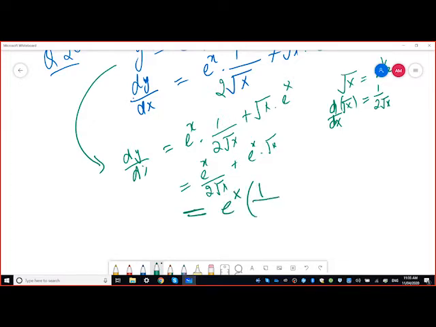So it becomes 1 over 2 under root x plus under root of x. Can you somehow solve that expression inside the bracket? Solve the expression inside the bracket.